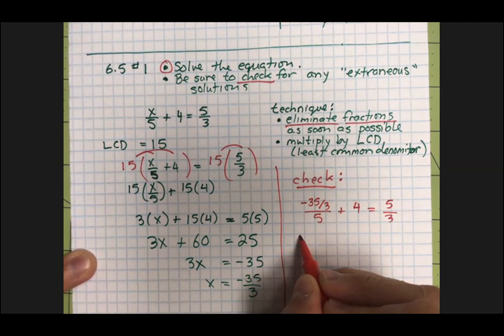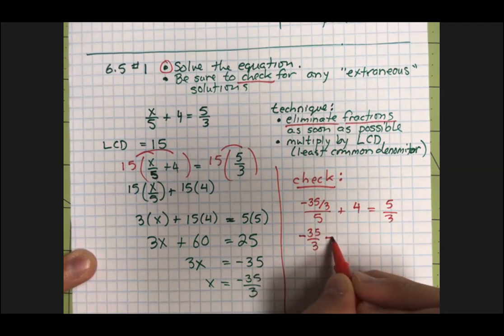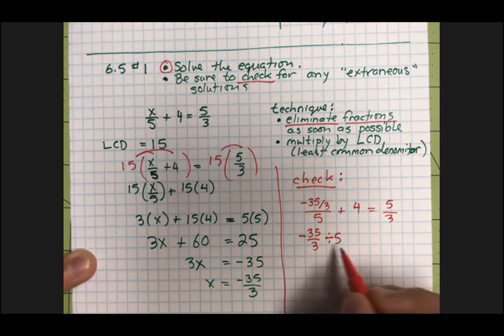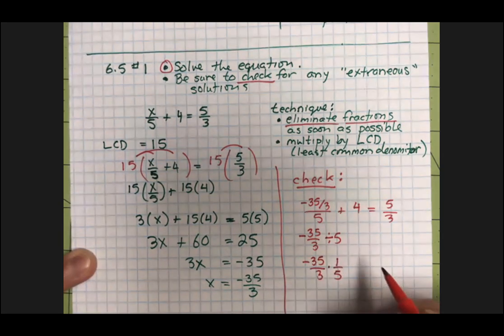Now remember, think about negative 35 over 3 divided by 5. How do you divide? You invert and multiply. So that's minus 35 over 3 times 1/5. Plus 4, is that really 5 over 3?